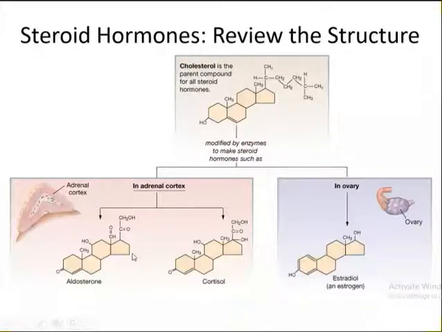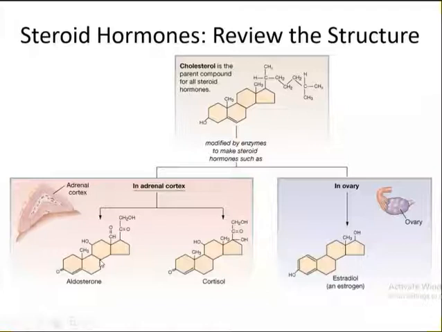This is very important for you, because in aldosterone there is an aldehyde group. You can see here, CHO, the aldehyde group. That is why the mineralocorticoid is called aldosterone, because there is an aldehyde group.